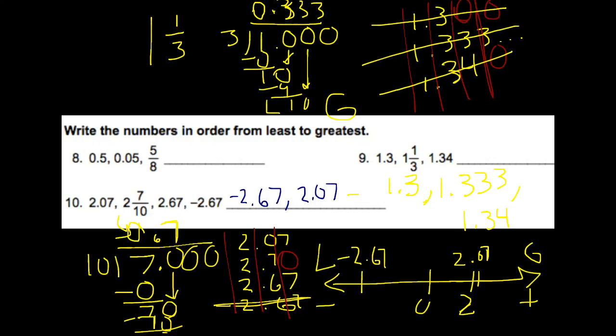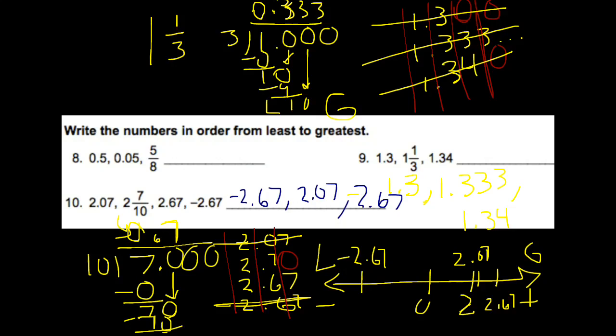Next one after that, I have, draw a line through it, I have 7 in the tenths place and 6 in the tenths place. So I know that 6 comes before 7, so 2 and 67 hundredths. So I'm going to put that third, 2 and 67 hundredths.